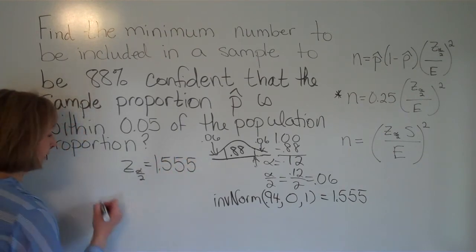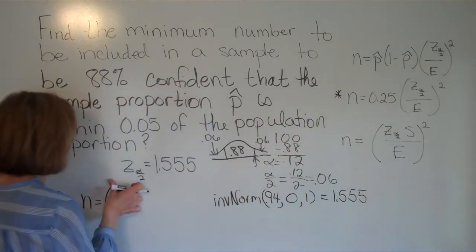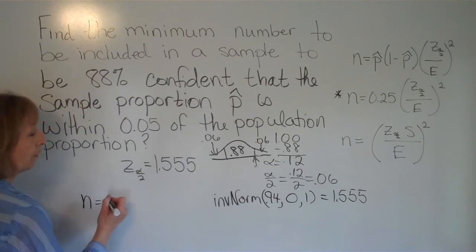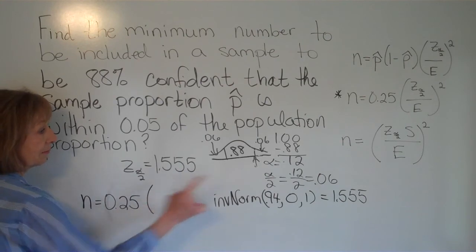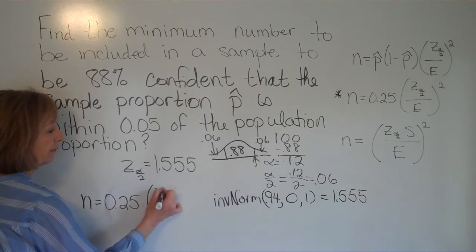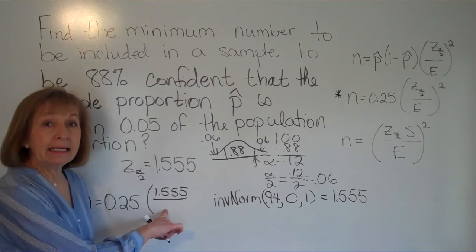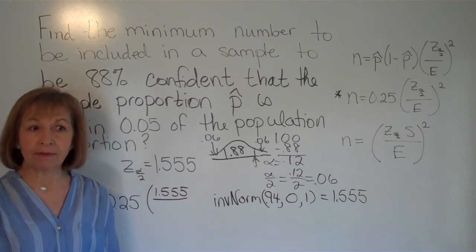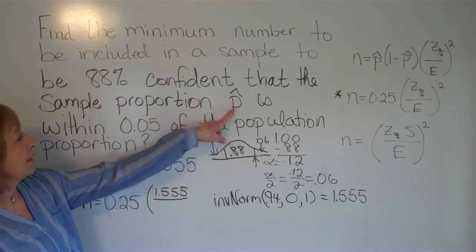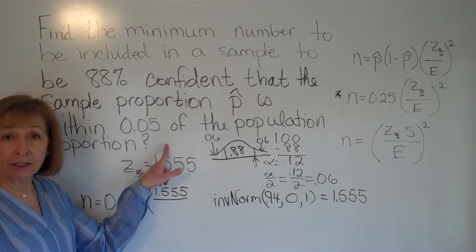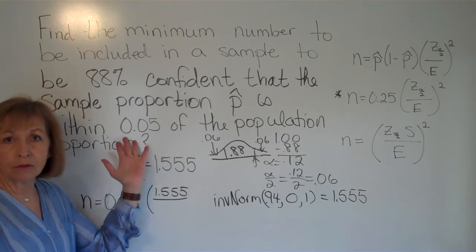So then to do the rest of the calculation for n, remember it's this formula, it's 0.25 times my z sub alpha over 2, the 1.555, divide by E. Now in these problems of sample size, when they tell you the margin of error, they're either going to say that your sample proportion p-hat is within so much, or plus or minus so much, or with a margin of error of so much.